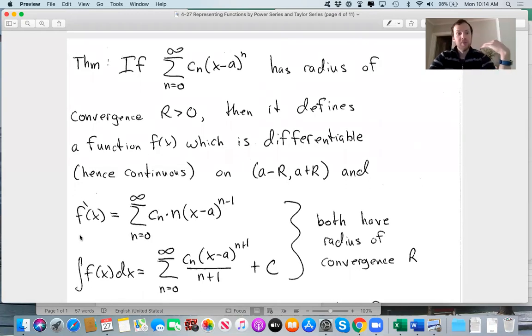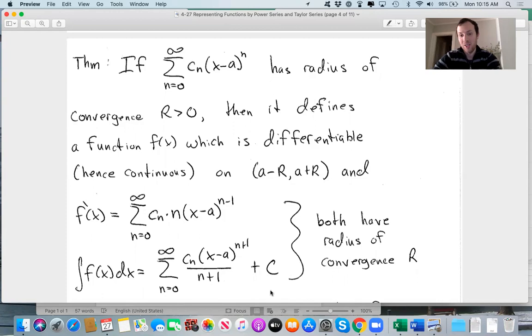But also, if you have a function that has this as its series, and you want to know a series for the integral, well, the integral of your function you can find by integrating the series. And so if you apply the integral power rule here, this is a constant. It doesn't have any x's, so it stays there. If you integrate this with the power rule, the exponent increases from n to n plus 1, and then you divide by the new exponent.